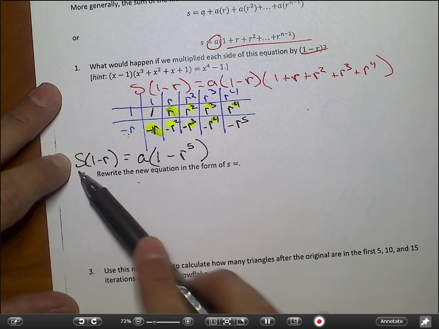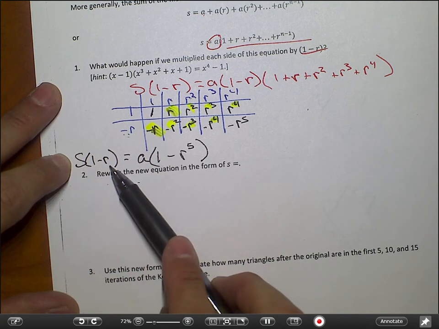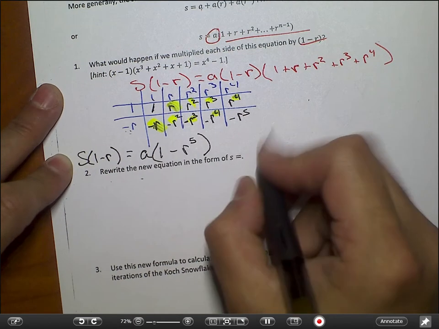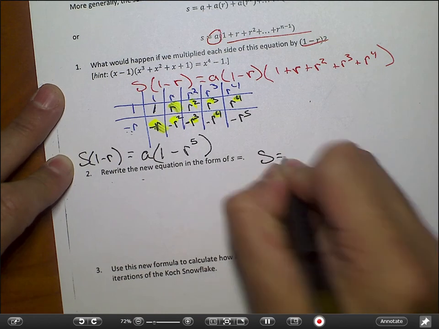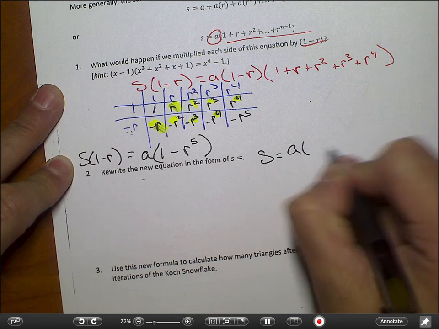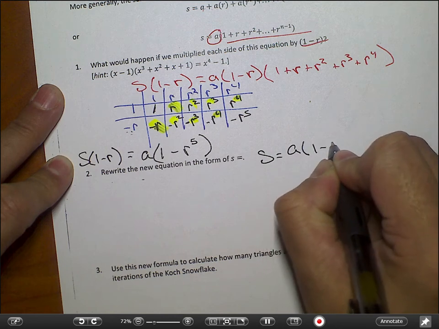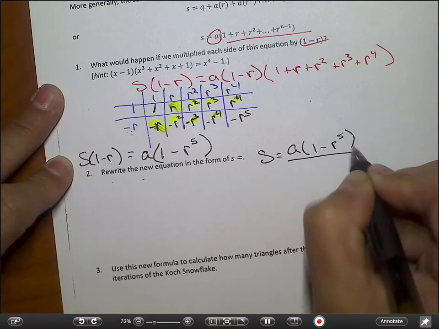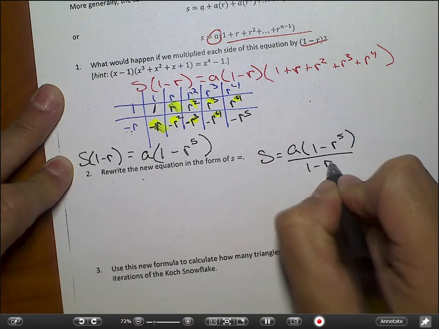I'm going to divide both sides by 1 minus r. So if I divide both sides by 1 minus r, S is equal to a times the quantity 1 minus r to the 5th power, over 1 minus r.